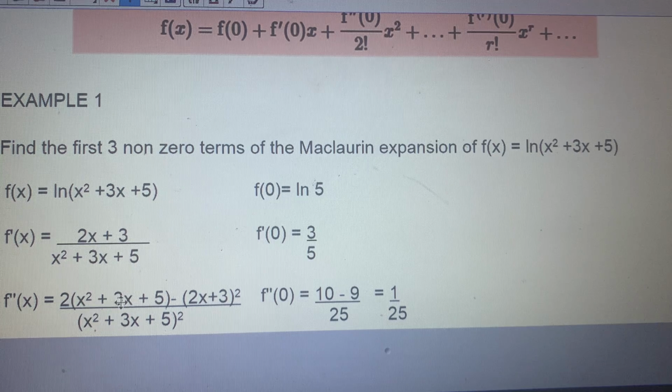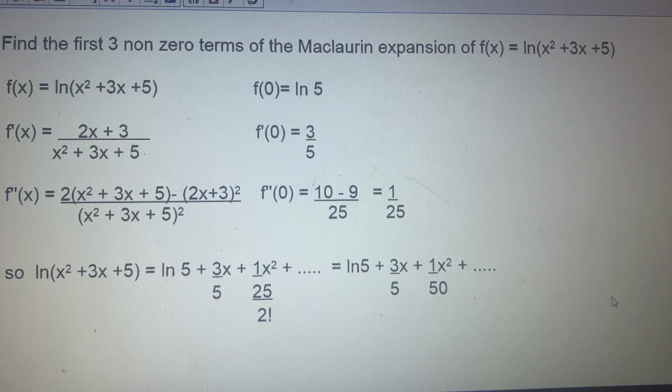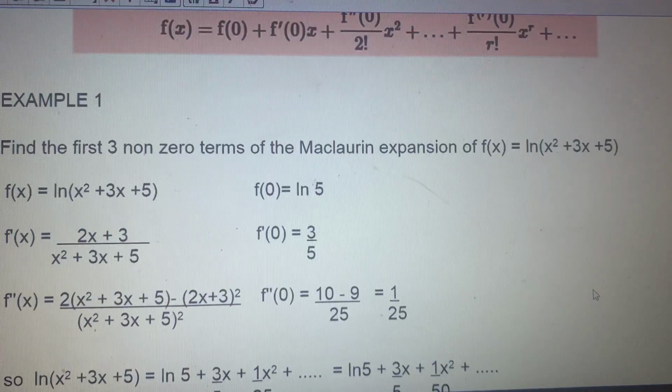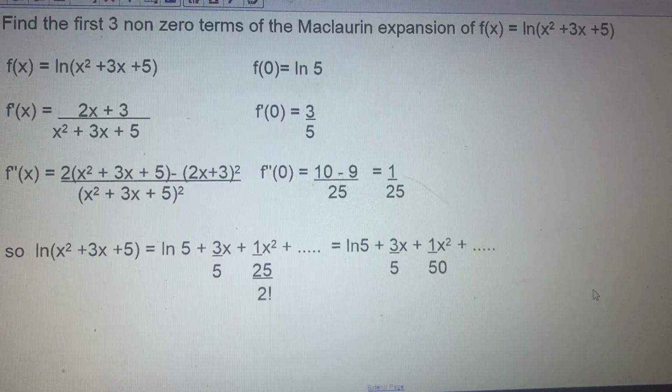If I then substitute in 0, I get 2 times 5, take away 3 squared, all over 5 squared, so 1 over 25. And then all I'm going to do is substitute that into my formula, and I end up with this.